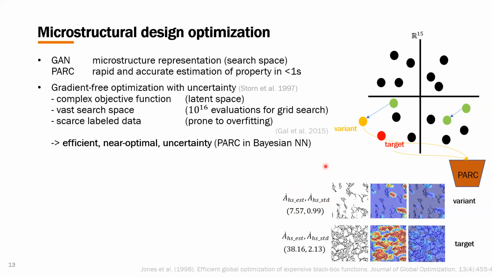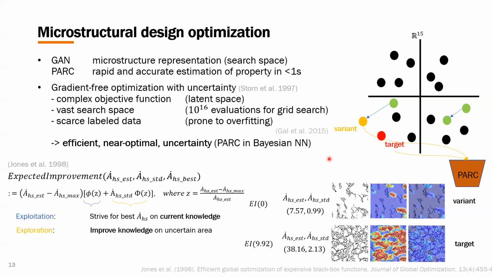As mentioned previously, we extended this gradient-free optimization to account for uncertainty in estimation. To do so, we utilize a method called expected improvement, which was first suggested by Jones in 1998. The expected improvement has two major terms called exploitation and exploration. In the case of optimizing for a highly sensitive microstructure, exploitation strives to suggest the most sensitive microstructure from the current knowledge, but exploration strives to improve the knowledge by exploring the uncertain regions in the search space.